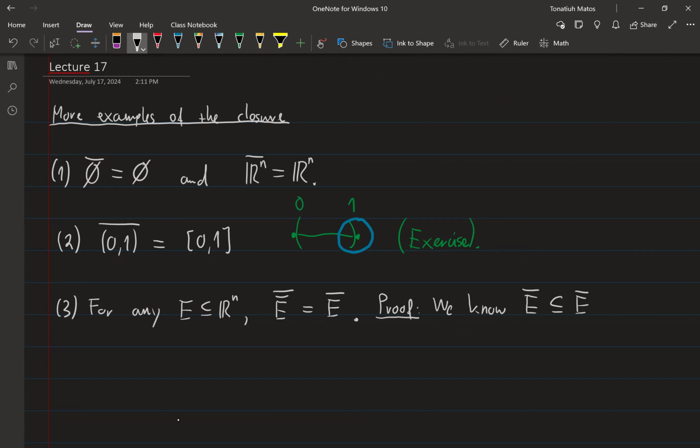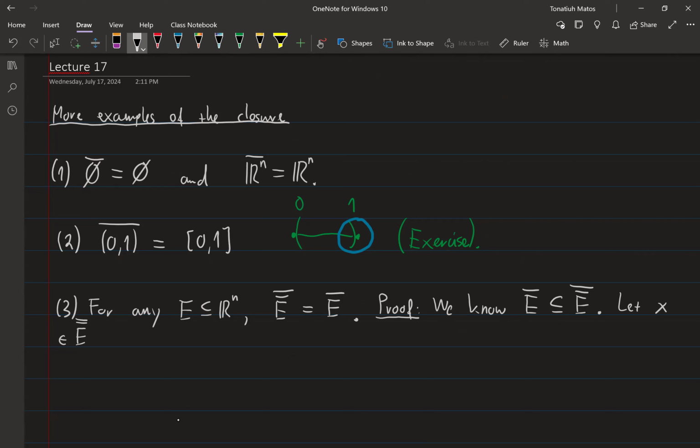So if I take the closure on both sides, well, in particular, E closure is contained in its closure, right? So we have that inclusion. So we have to show the other inclusion. How do we show that something on the right is also on the left? Well, let's just take an arbitrary element, x, and this is going to be in E closure double. I want to convince you that x is in just E closure.